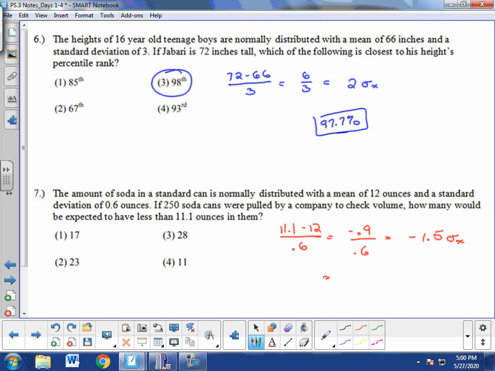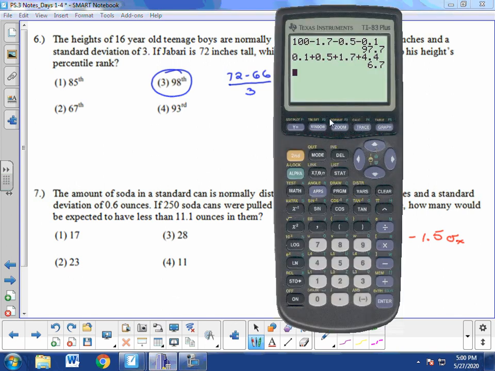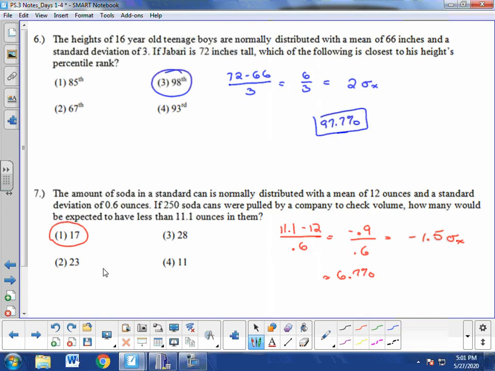In this case, have less than 11.1 ounces in them. So if we want to figure out how many total cans that is, we know that there are 250 that we are checking. So times 6.7, making that a decimal, and 16.75, or closest to 17 cans, would have less than 11.1 ounces in them.